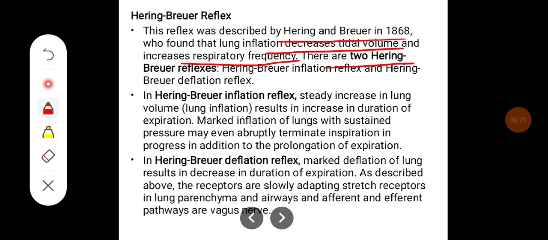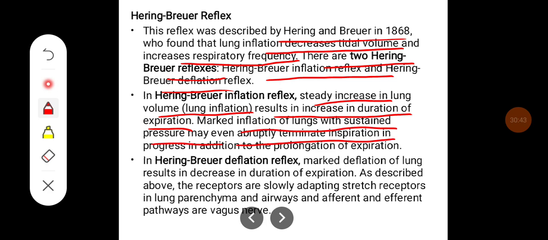There are two Hering-Breuer reflexes: the Hering-Breuer inflation reflex and the Hering-Breuer deflation reflex. In the Hering-Breuer inflation reflex, a steady increase in lung volume, that is lung inflation, results in an increase in the duration of expiration. Marked inflation of the lungs with sustained pressure may even abruptly terminate an inspiration in progress, in addition to the prolongation of expiration.